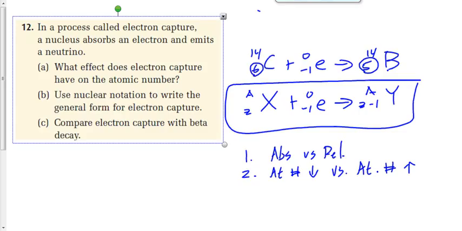And the third thing that I thought of there, talking about electron capture versus beta decay. In electron capture, what's the mechanism that allows this to happen? We have 6 protons going to 5 protons. We have a proton that's being changed into a neutron. But how does that happen?